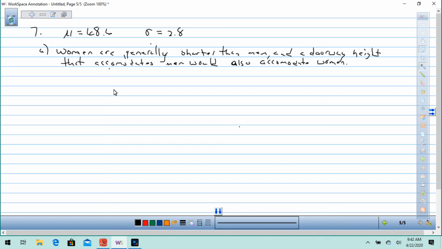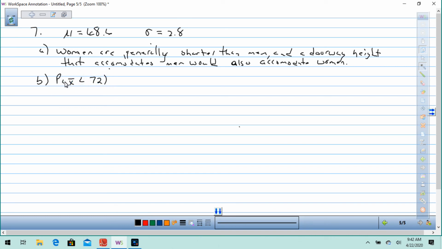7B. Mark 6 monorail cars have a capacity of 60 passengers. If a car is loaded with 60 randomly selected men, what is the probability that their height is less than 72 inches? So the probability that X bar is less than 72.